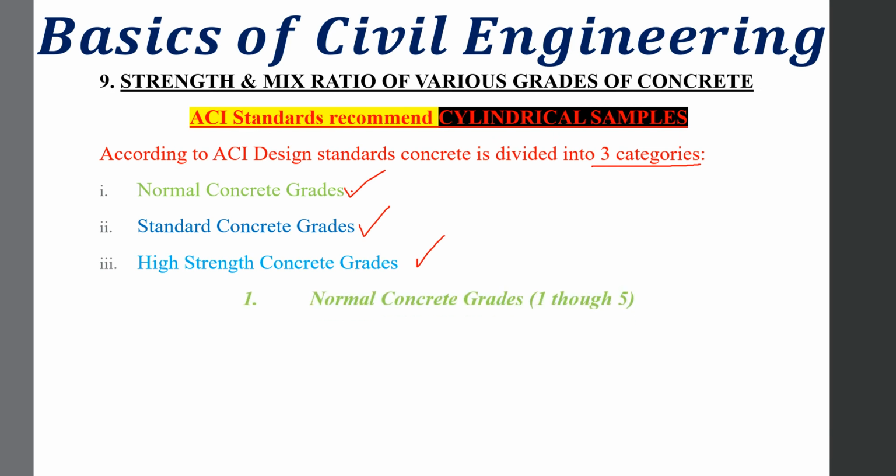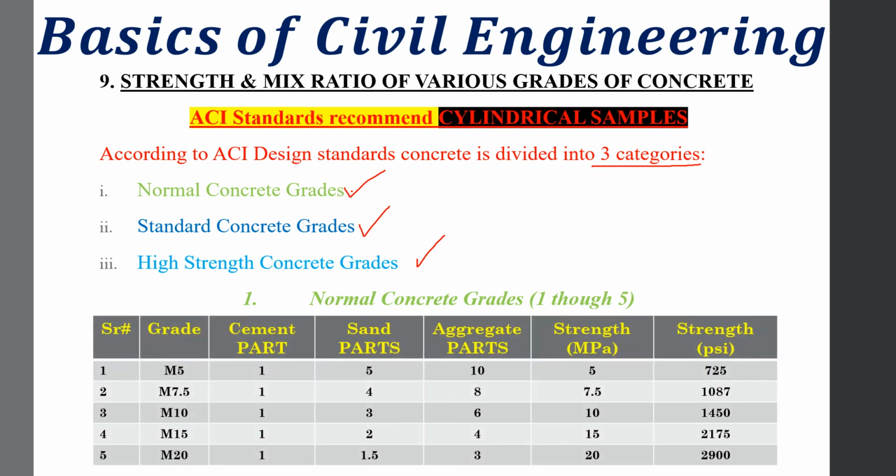The first is normal concrete grades, number one through number five. The first normal concrete grade is M5. The grade of concrete is M. M means mix, and 5 means its strength in megapascal is 5. So this concrete M5 has a strength of 5 megapascals, 725 psi.